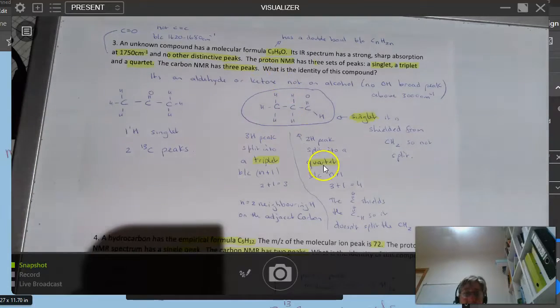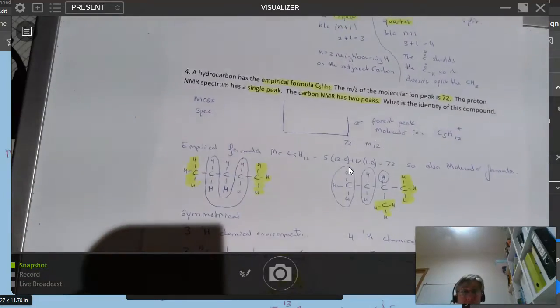So it's got 3 hydrogens plus 1. It'll be split into 4, into a quartet. So these will be split into a quartet, and this one, because of this shielding, has no experience of the neighbours, so it's a singlet, just like an oxygen OH group.